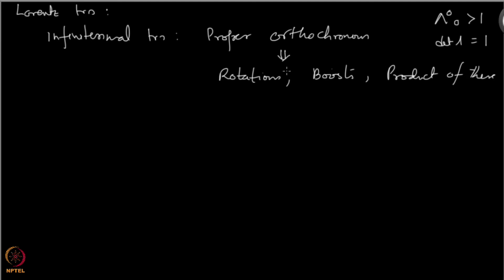So all we need to really study is rotations and boosts. That's the thing here in this part of the group, and we have already seen that there are 6 parameters which parameterize these transformations. So 3 for rotations and 3 for boosts, and these we have been writing as omega mu nu. Omega mu nu is antisymmetric, and that's why this forms 6 independent entries.